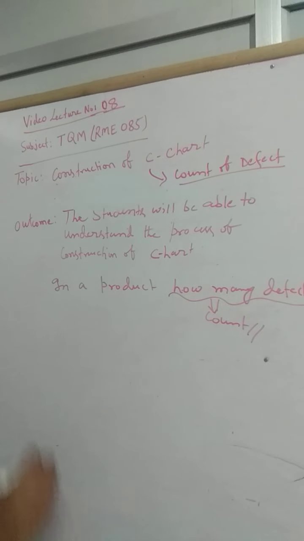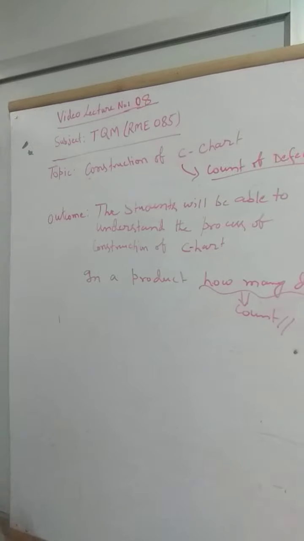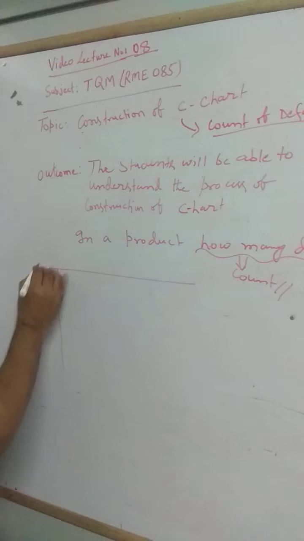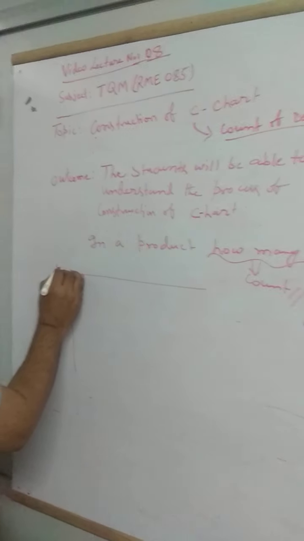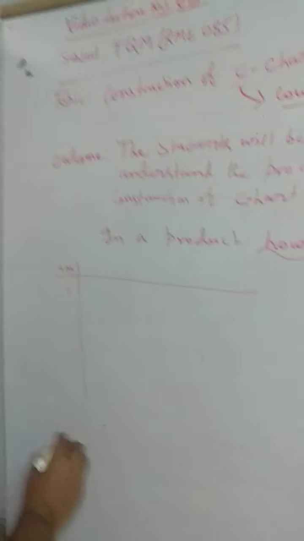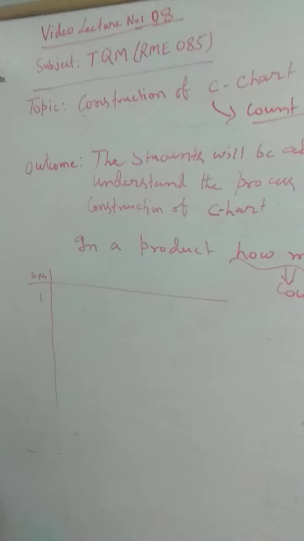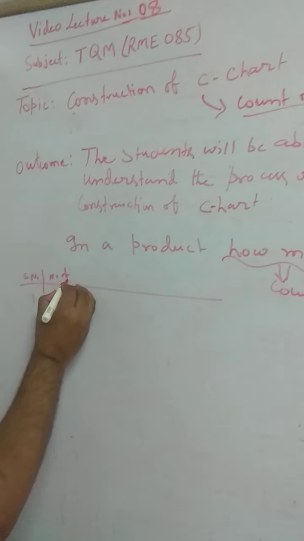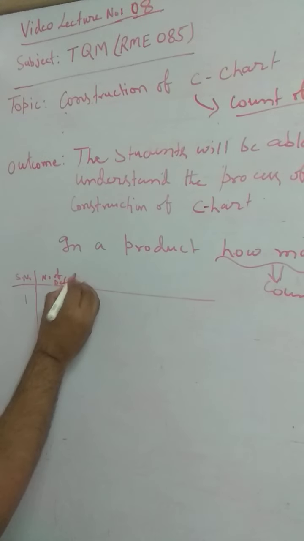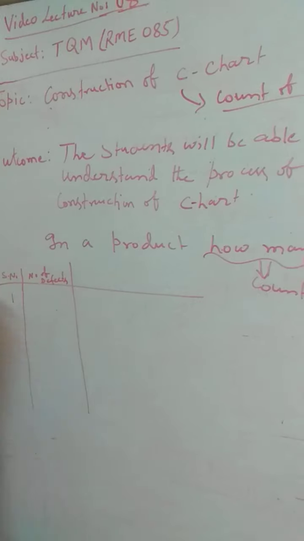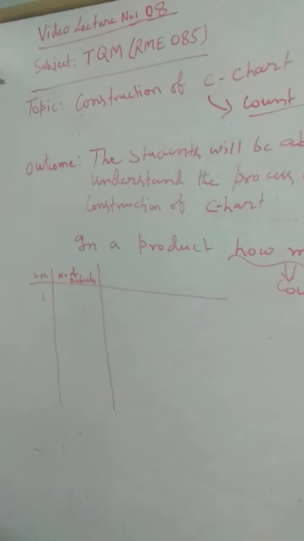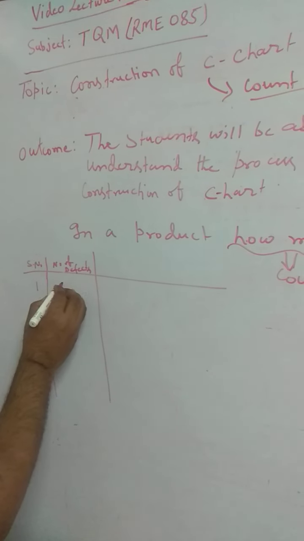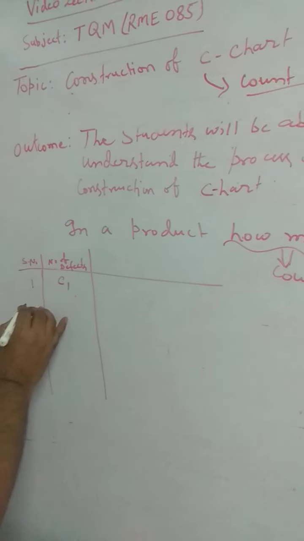Suppose we have the first product, sample number 1. Here we will count the number of defects it has. Suppose it has C1 defects.